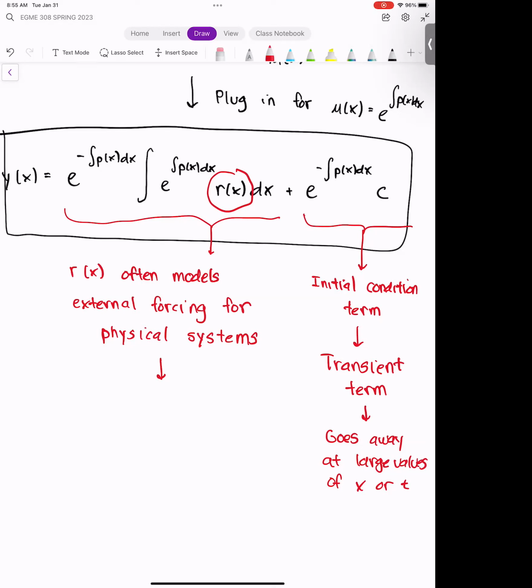It only persists at large values of time. And so because of that, we often call this the steady state.